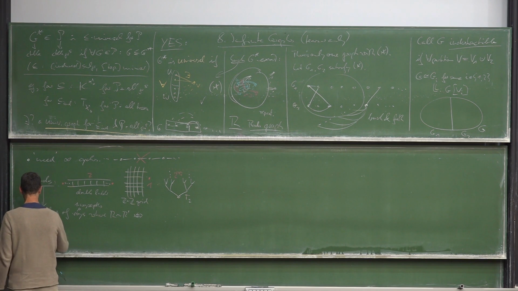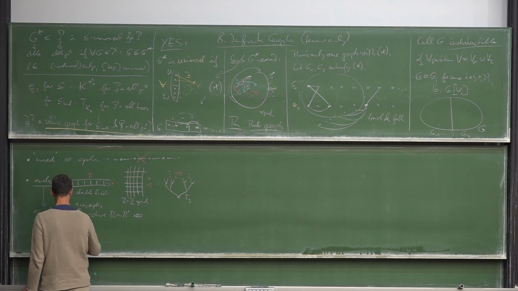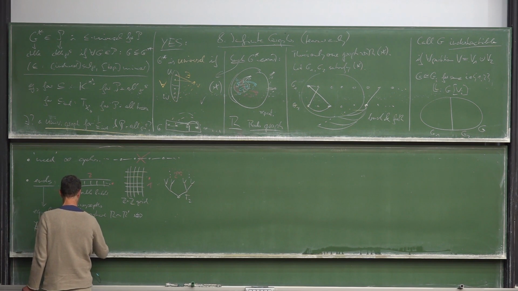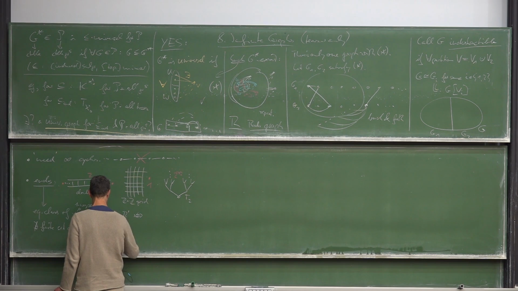If and only if there's no finite set of vertices that separates R from R prime in the graph.